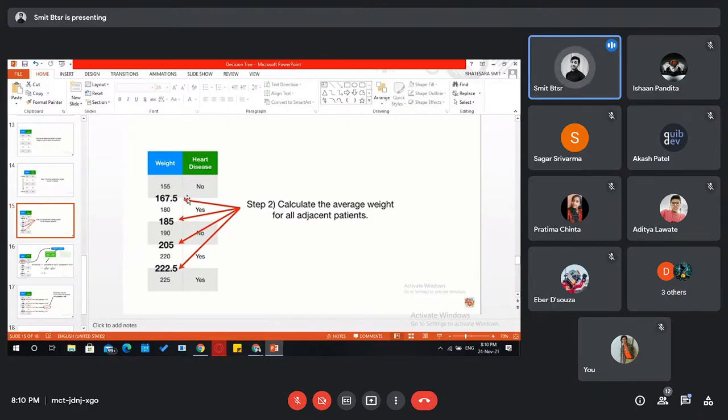So we can create ranges by taking averages of this data. If we have a new person with 192 weight, then we can directly add them in this range. So we are just creating ranges here.